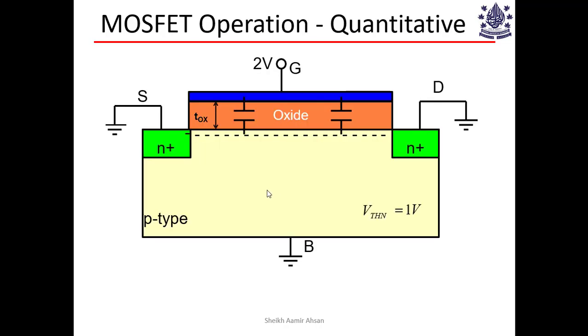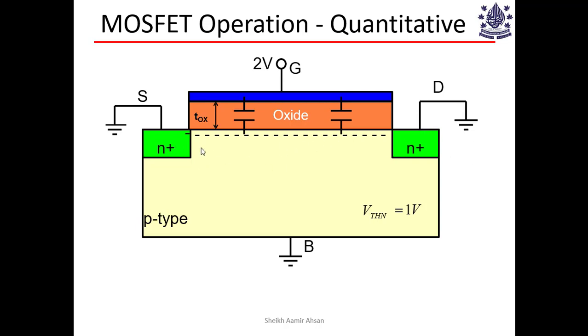Okay, so far we have been discussing the qualitative aspect of MOSFET operation, how they operate. Now let's go a little bit into the quantitative aspect. So this is the normal representation of your MOSFET: your source, drain, gate, oxide, and the body. If we apply zero voltage, both the drain and source terminals are grounded.